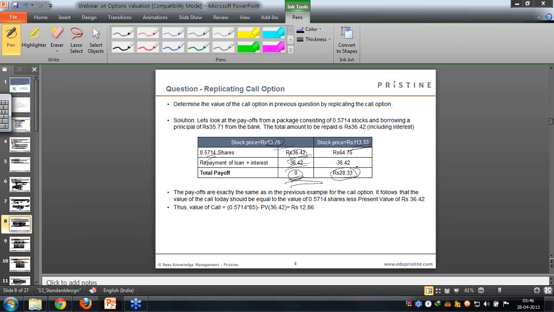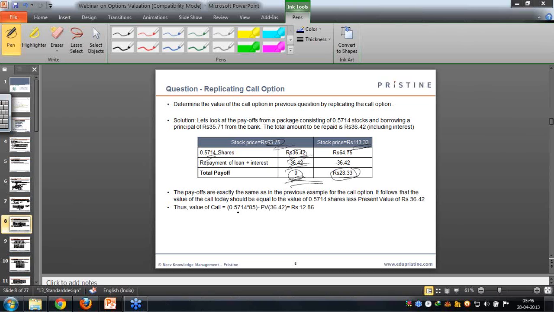So what this essentially says is we have found a portfolio, magically, which gives exactly the same payoffs. So the price of this portfolio should exactly match the price of the call option.